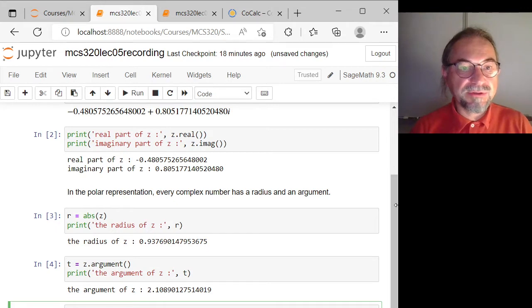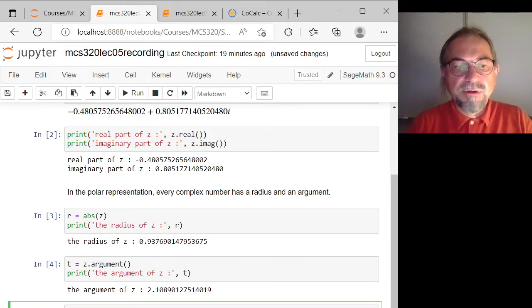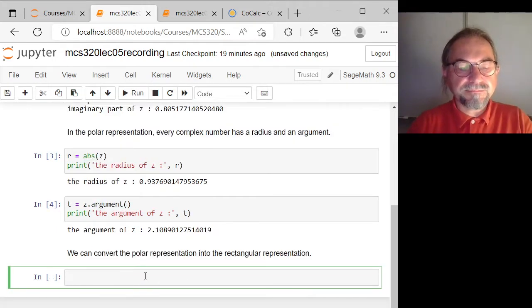So just to verify that this really is the argument and the radius, we can convert the polar representation back into the rectangular representation by taking the cosine and sine.